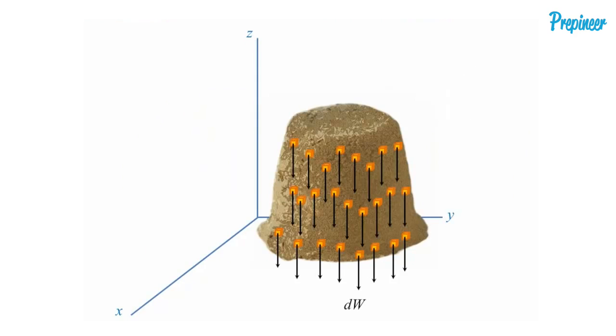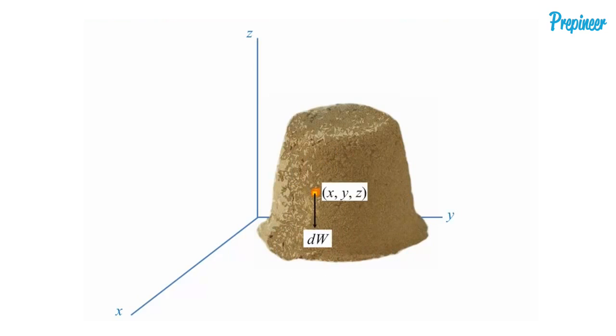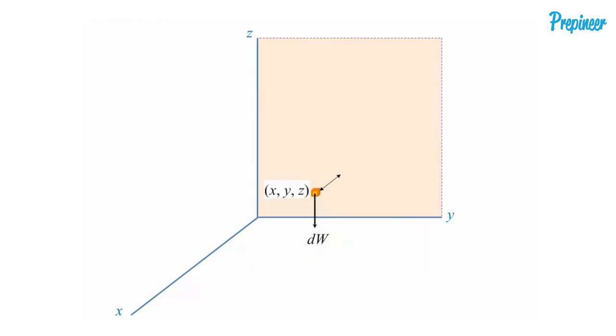And similarly, we want to find the resultant moment of the distributed load about the y-axis. We do so by, again, picking an arbitrary particle located at the location x, y, z. Its moment about the y-axis equals its weight dW multiplied by the moment arm, the distance to the yz plane, x.